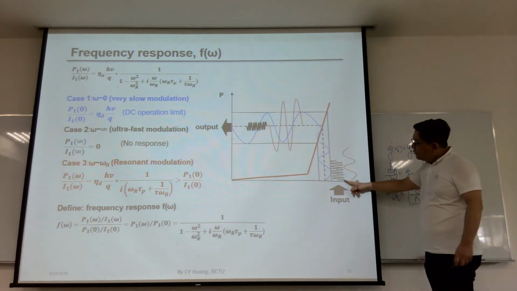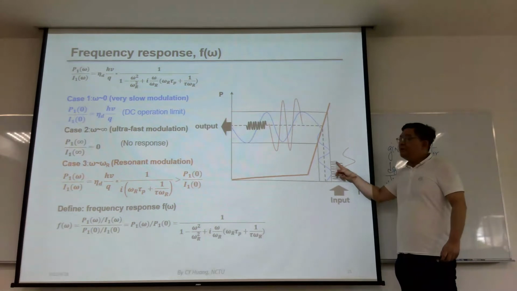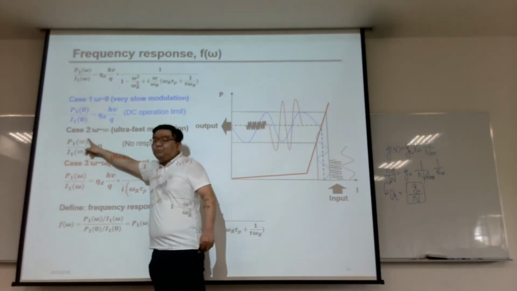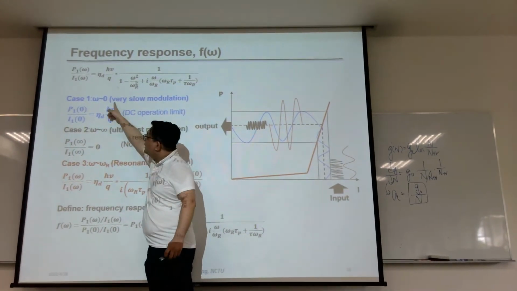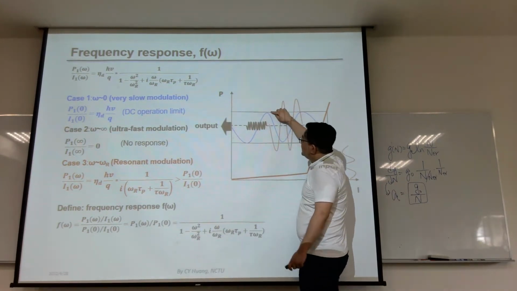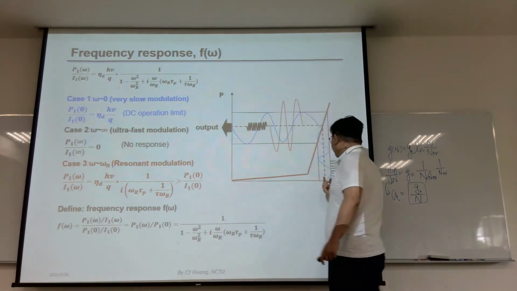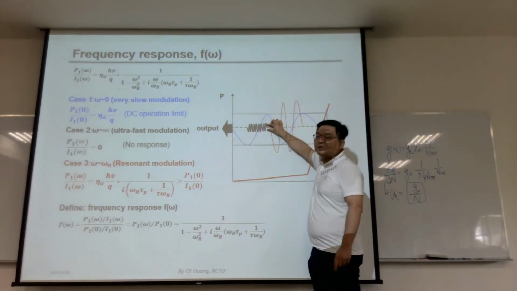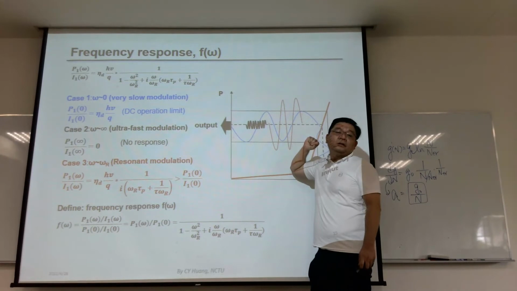But if your input current is too fast, that means you're changing back and forth very, very fast, then your output power response cannot catch up. In the DC limit the amplification is 1, but because you are operating too fast, the output power could actually have a much smaller variation than you expect in the DC limit.